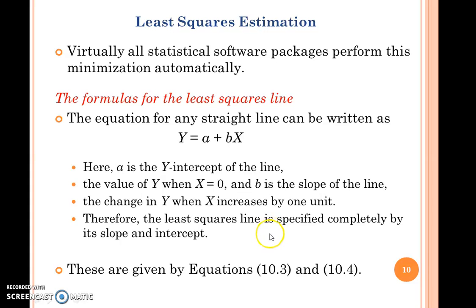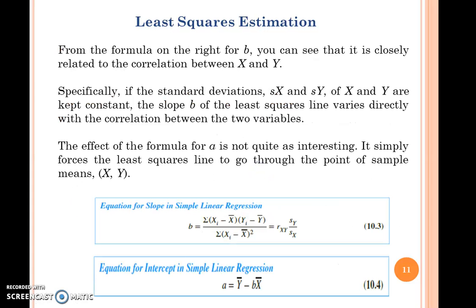For all these things, the formula is given. From the formula on the right for b, you can see that it is closely related to the correlation between x and y, and specifically the standard deviations of x and y. If the standard deviations of x and y are kept constant, the slope b of the least square line varies directly with the correlation between the two variables.